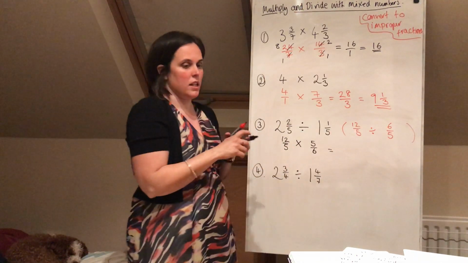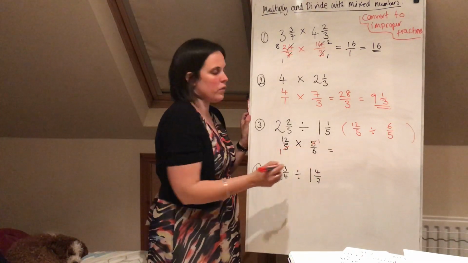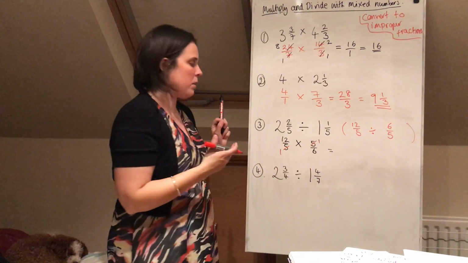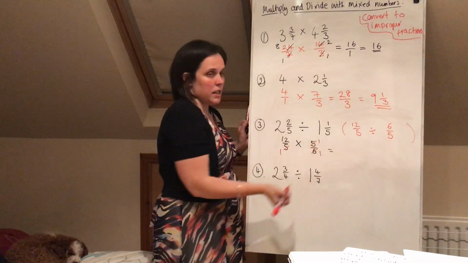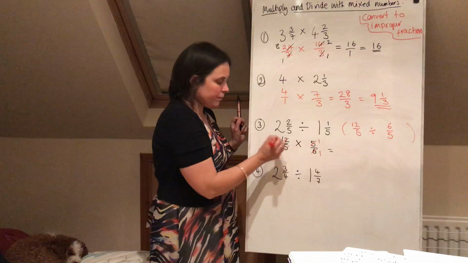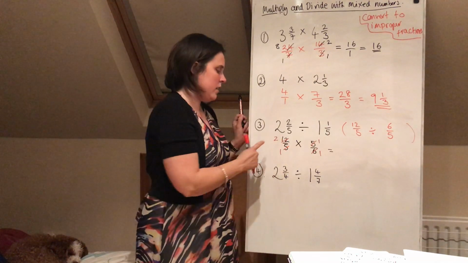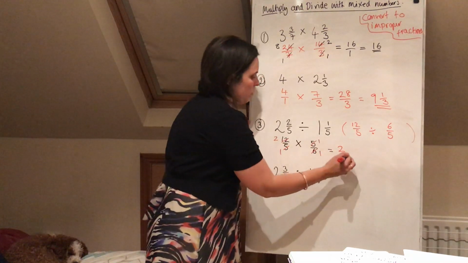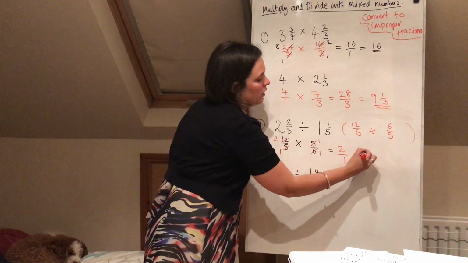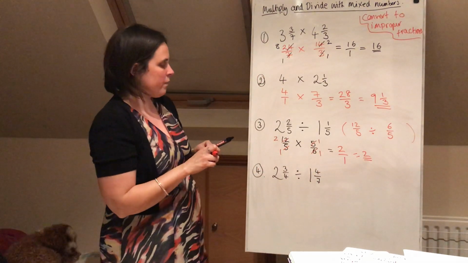Then we look to see if there's anything we can cancel, and in this case we can cancel the 5s, because 5 goes into itself once in both cases, and we can cancel by 6. 6 goes into itself once, and 6 goes into 12 twice. So now we have 2 times 1 is 2, 1 times 1 is 1. So overall our answer is 2.